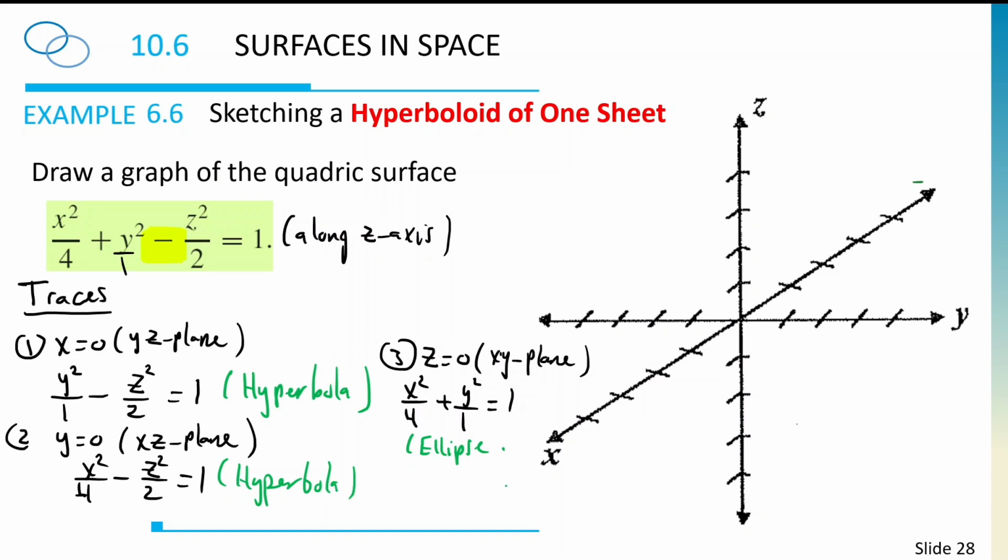Now let's see how can we graph it. We'll start with the ellipse. With the x, we have 2, negative 2. And with the y, I have 1, negative 1. Let's start with this ellipse in here. Usually we need the back one just to look smaller. So this is the first ellipse.